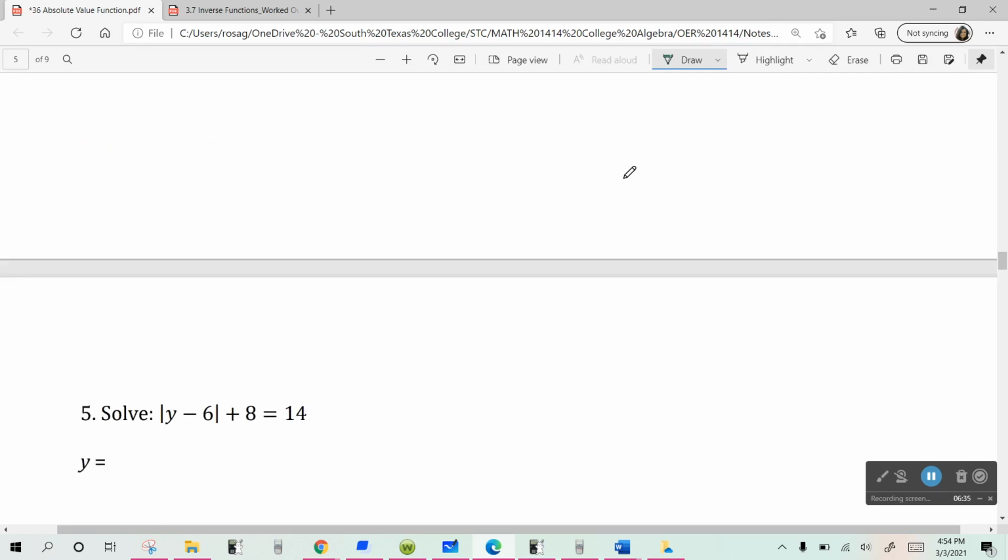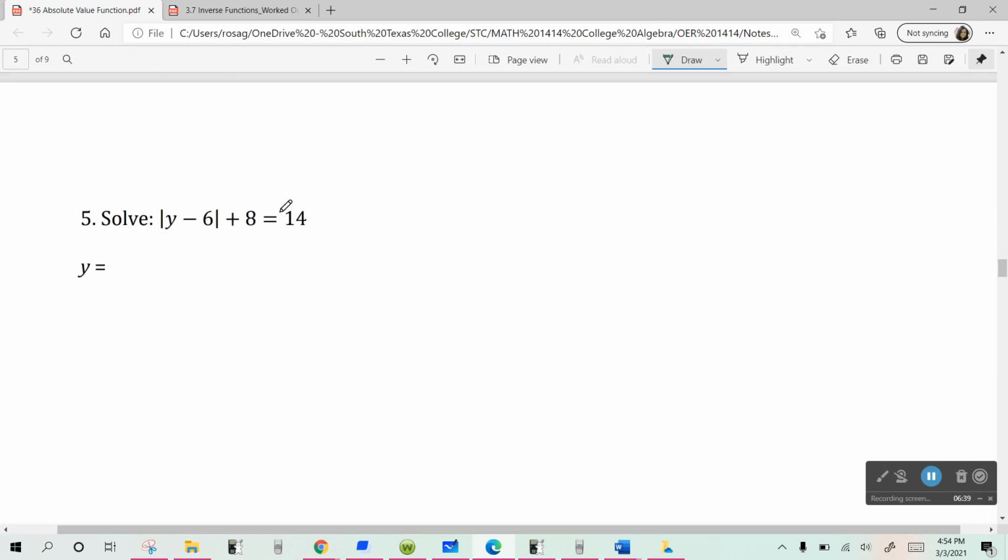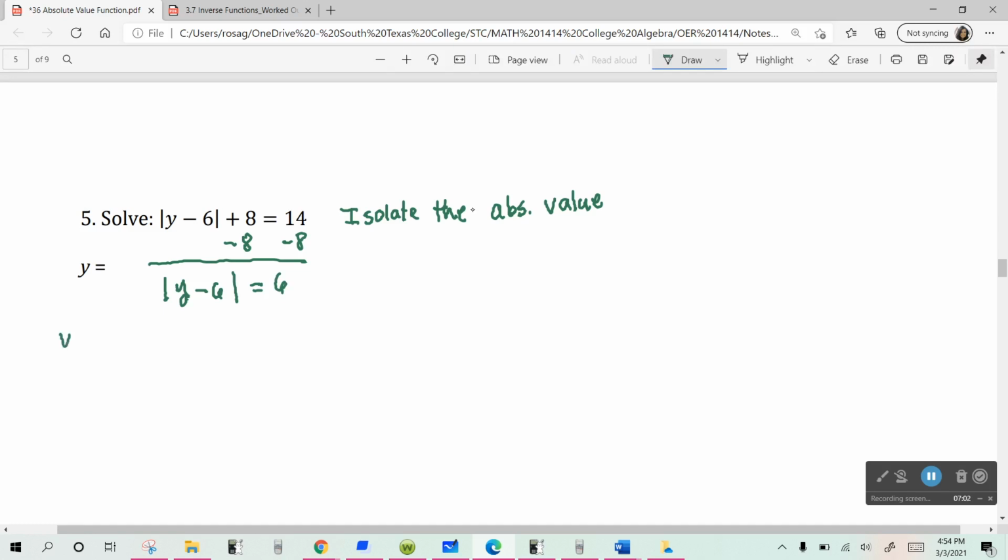When you look at the first one, this is what I did, it only had the absolute value in the number. When you do have numbers with it like this, isolate the absolute value first. So I'm going to move the 8 first. And then I'm going to follow the rules I did up there, which is to just ignore the absolute value.